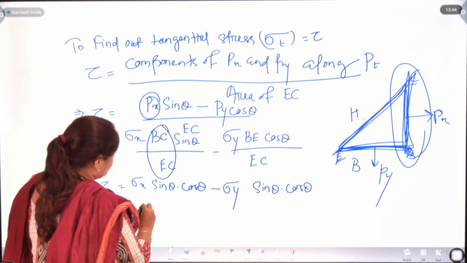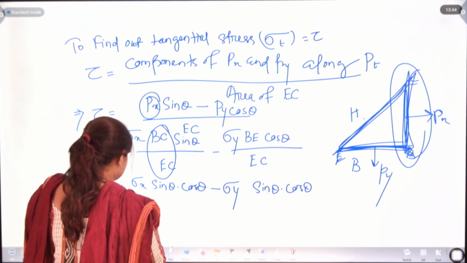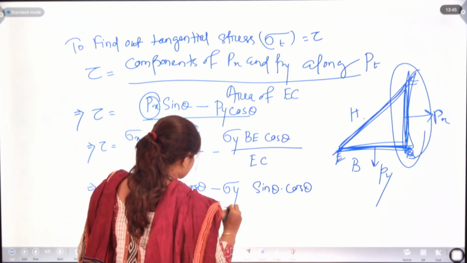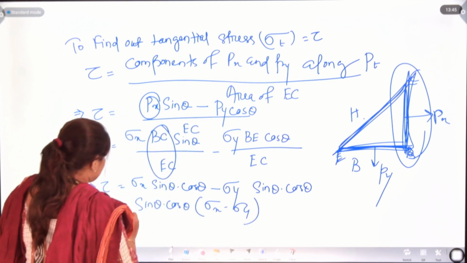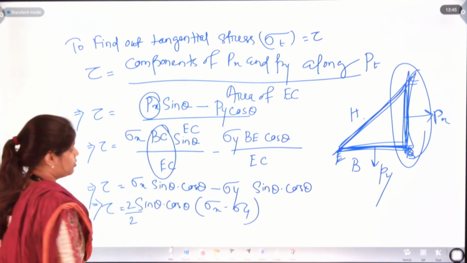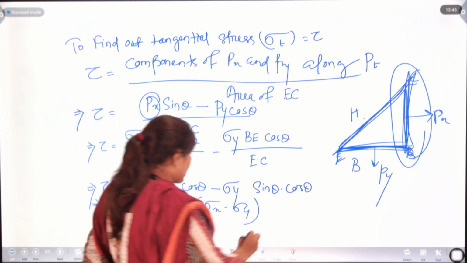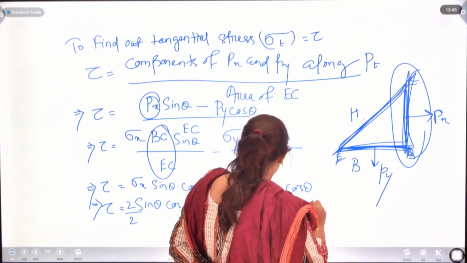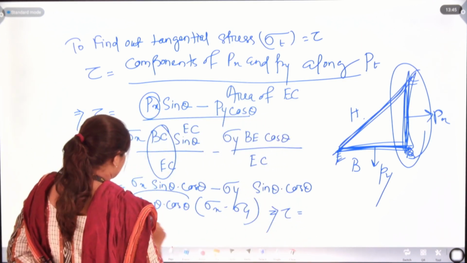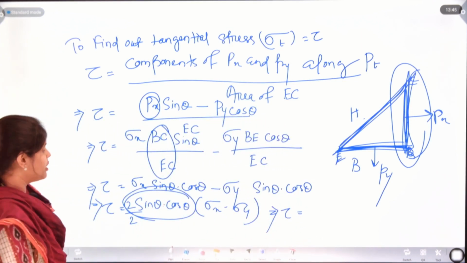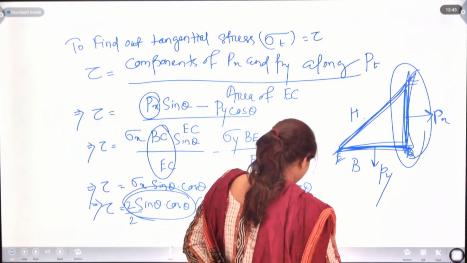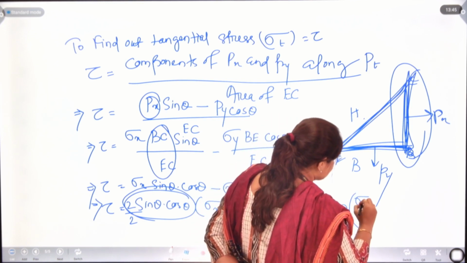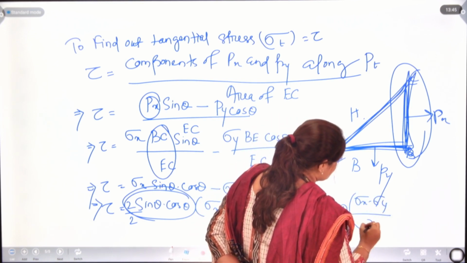Tau is equal to, if we put this common, sin theta into cos theta into sigma x minus sigma y. Let's multiply and divide by 2. So tau will be 2 sin theta into cos theta, which is nothing but sin 2 theta. Sin 2 theta, we can write, into sigma x minus sigma y upon 2.